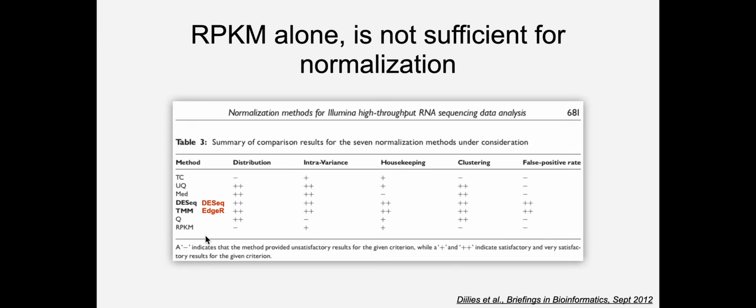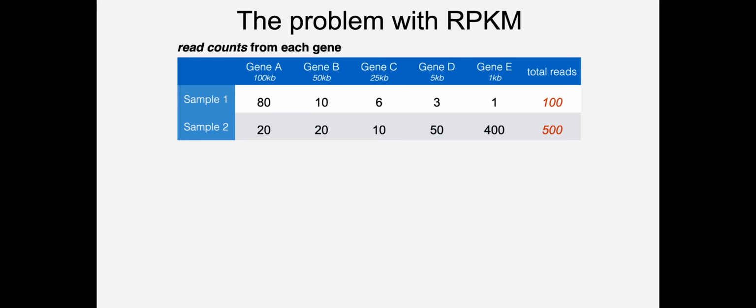In almost every way, or at least every way based on this table, it's inferior to methods employed in EdgeR and DESeq and Limma. Limma is one of the differential expression tools that we'll use. So this is why I say RPKM and FPKM now is not the accepted standard.